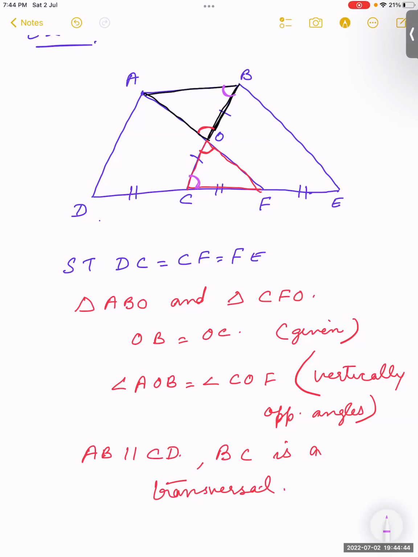So BC is a transversal, and these are our interior alternate angles, right? So angle ABO and angle OCF, won't they be equal? That's alternate angles, right?